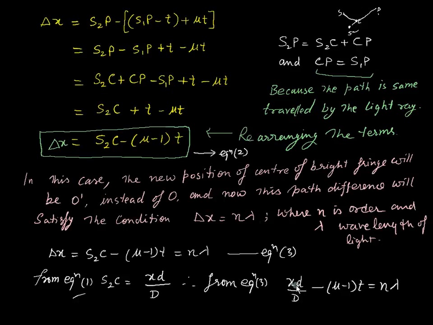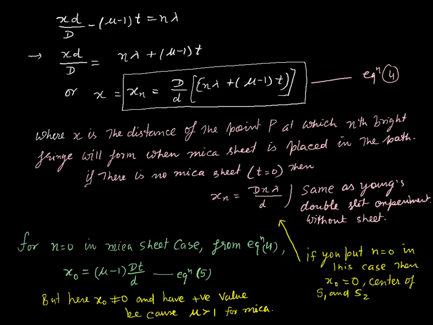Now this is the form xd upon capital D minus mu minus 1 t is equal to n lambda. Now simplifying this equation, put this mu minus 1 t with the n lambda, this becomes xd upon capital D is equal to n lambda plus mu minus 1 t, and for x this is equal to capital D upon small d and this factor n lambda plus mu minus 1 t.